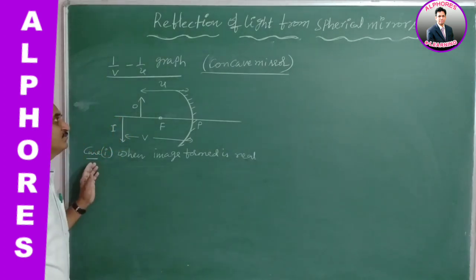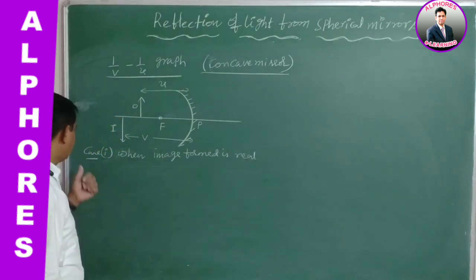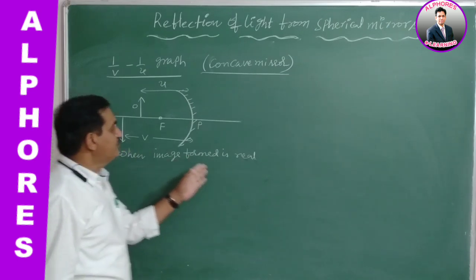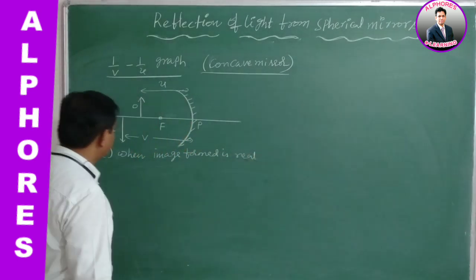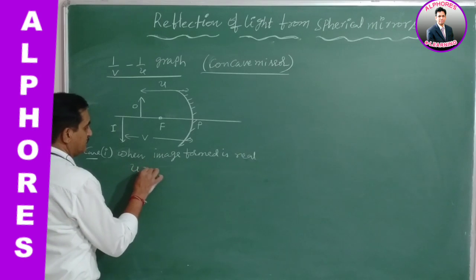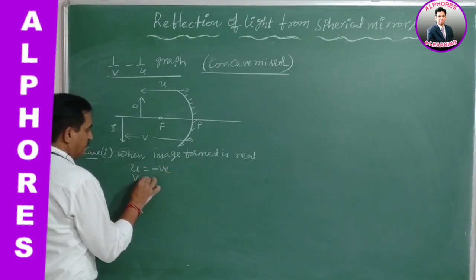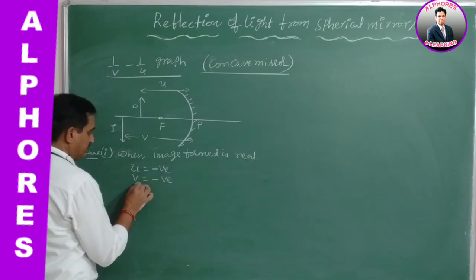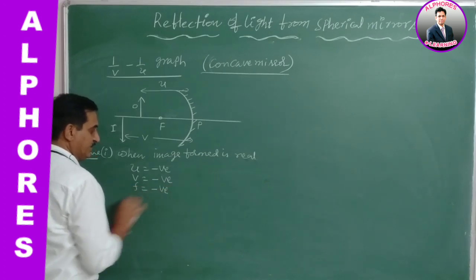So for the concave mirror there are two cases. Case 1, when the image formed is real. Now U is negative, V is negative, and focal length is negative.